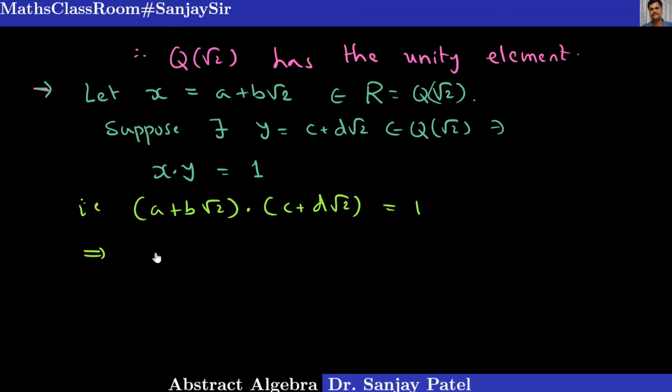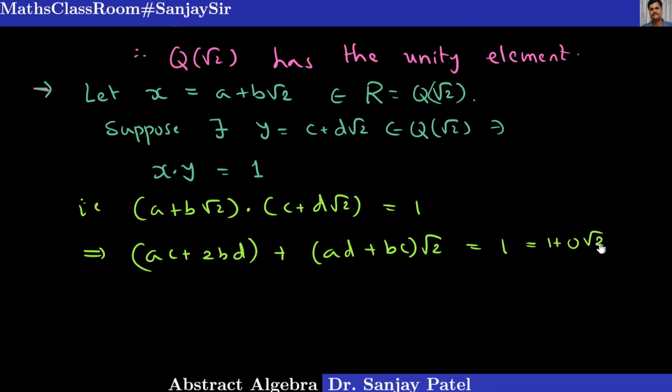That implies (ac plus 2bd) plus (ad plus bc) times root 2 is equal to 1, multiplying these two numbers, and this 1 you can write as 1 plus 0 root 2. Okay, so comparing both the sides, you will get ac plus 2bd is equal to 1 and ad plus bc is equal to 0.